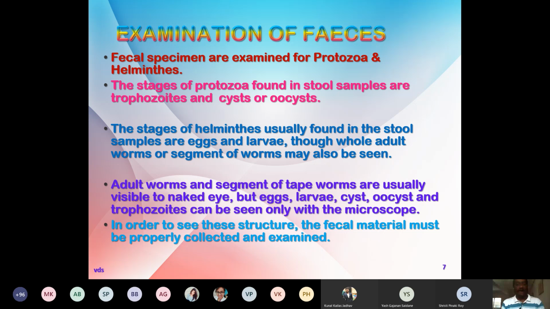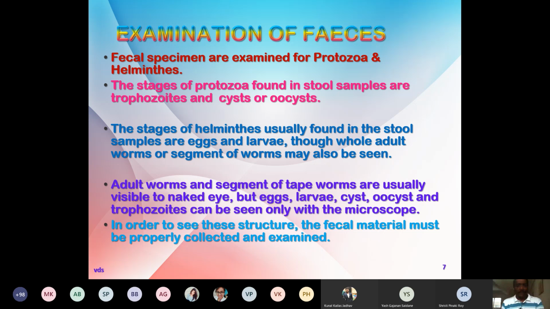So the adult worms and segments of tapeworm are usually visible to naked eyes. But the eggs, larvae, cyst, oocyst, and trophozoites can be seen only with a microscope. That means microscopy remains the mainstay for the diagnosis of parasitological infections, protozoology as well as helminthology.